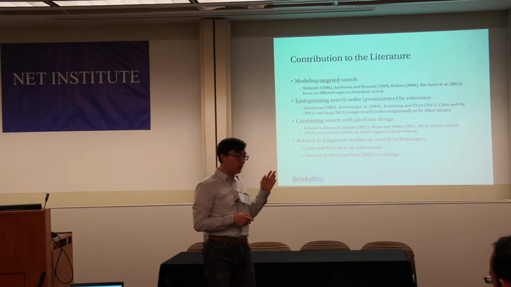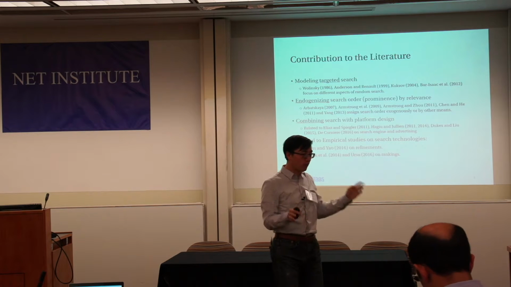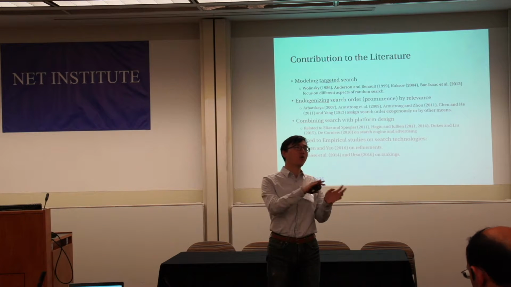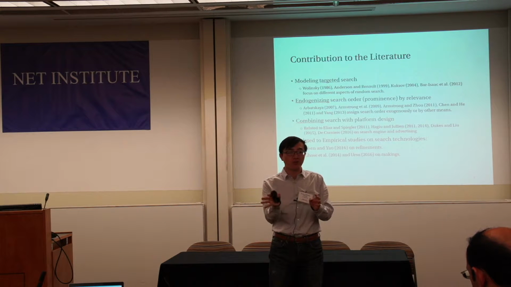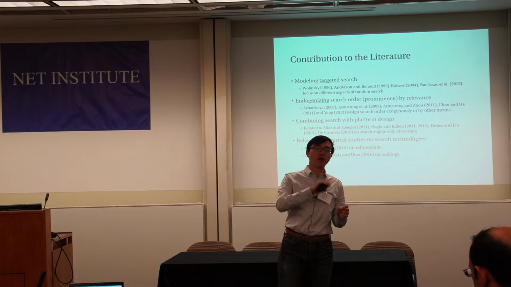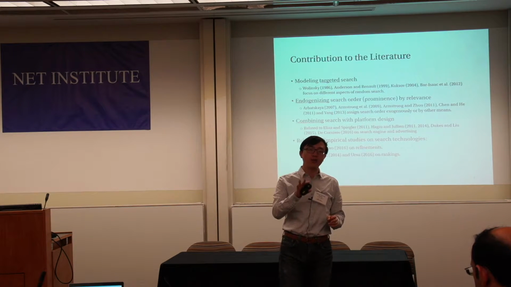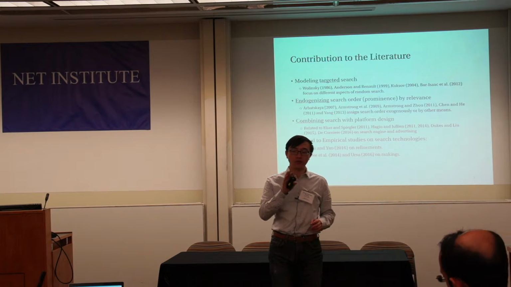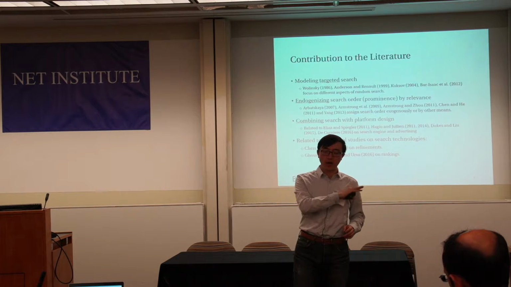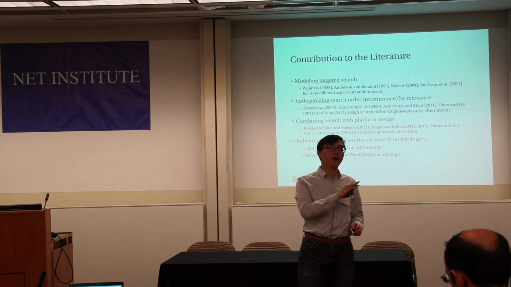Those papers typically look at, okay, what if we change this ranking, or what if we give consumers different refinement options? What are the impacts on the market outcomes? The typical finding is the impact on sales, right? What is missing in that empirical literature is the impact on prices.